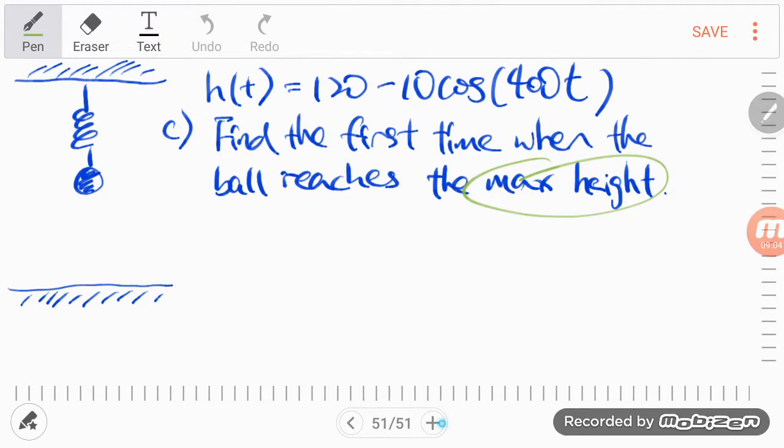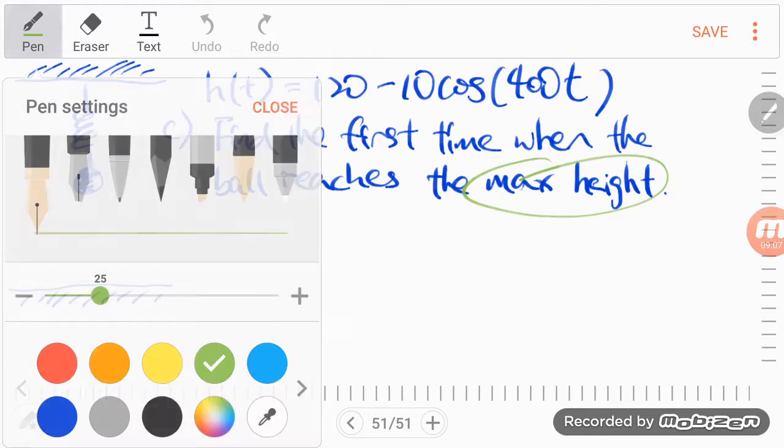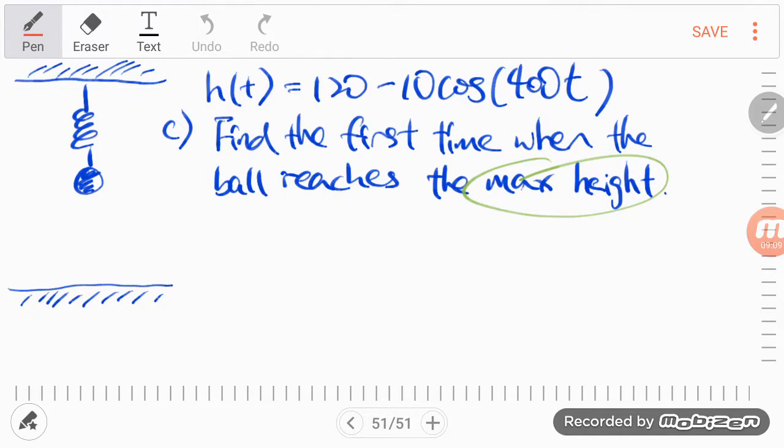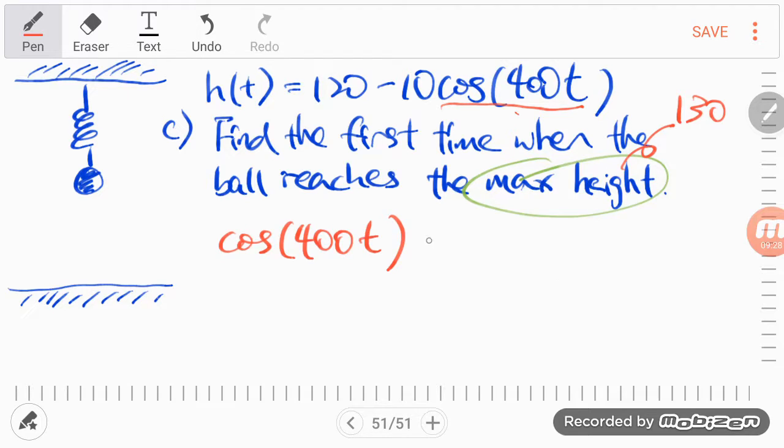So my maximum height, let me change back to red, is 130, and that happens when my cosine of 400t is equal to -1. Make sense? We already did this when we were solving part A, right?